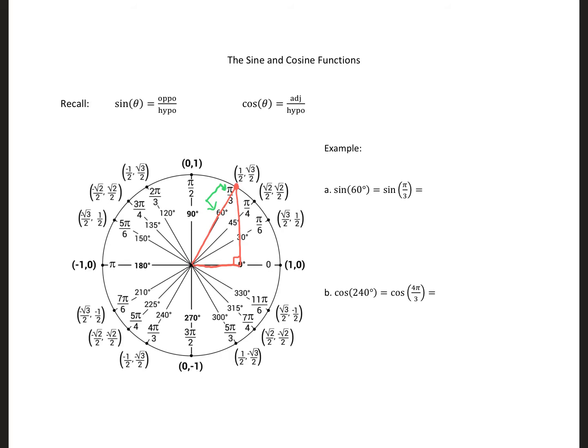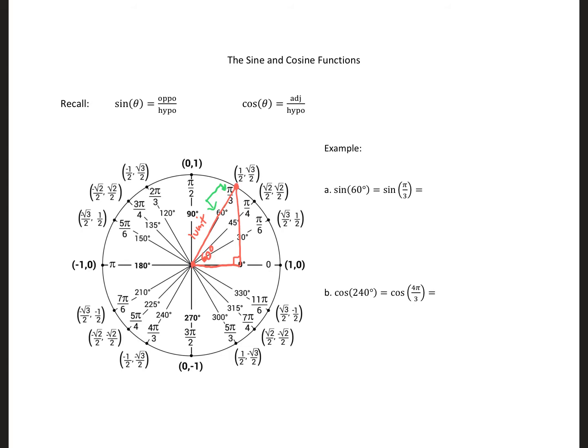The hypotenuse of this triangle would have a length of 1 unit, because remember, that is just a radius in the unit circle. This angle here is 60 degrees or pi over 3.